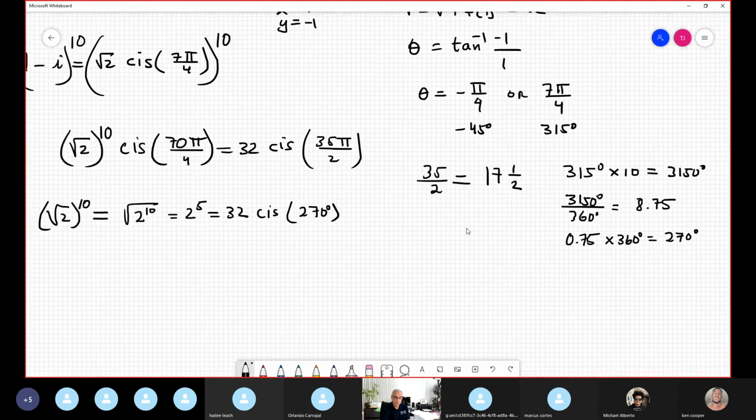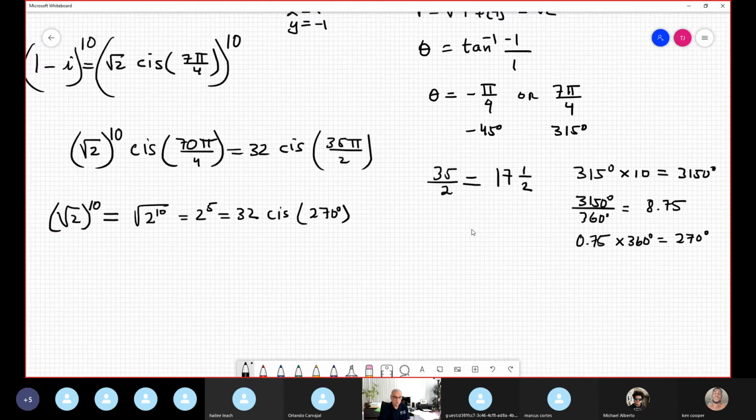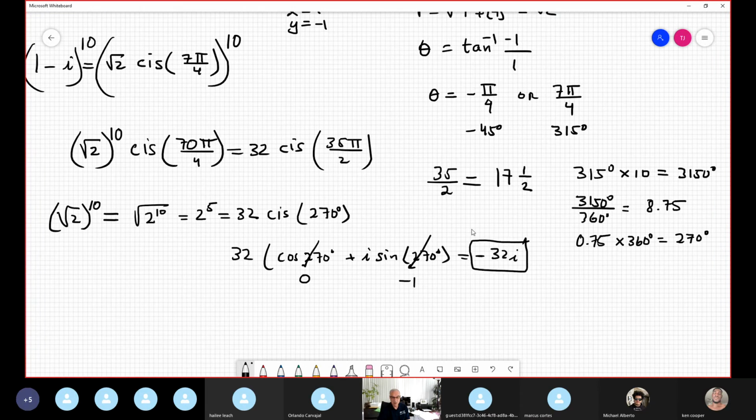You forgot? Wow. We have 32 times cosine 270 degrees plus i sine 270 degrees. Cosine 270 degrees is 0. Sine is -1. The answer is negative 32i.